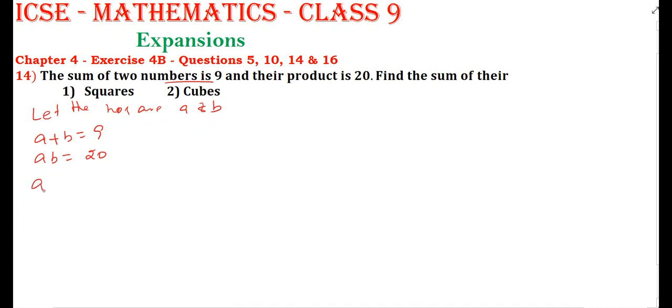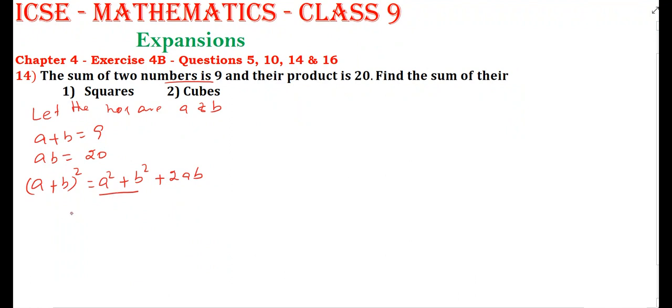So we can take this formula: A plus B the whole square equal to A square plus B square plus 2AB. So A square plus B square, this is what you need to find out.